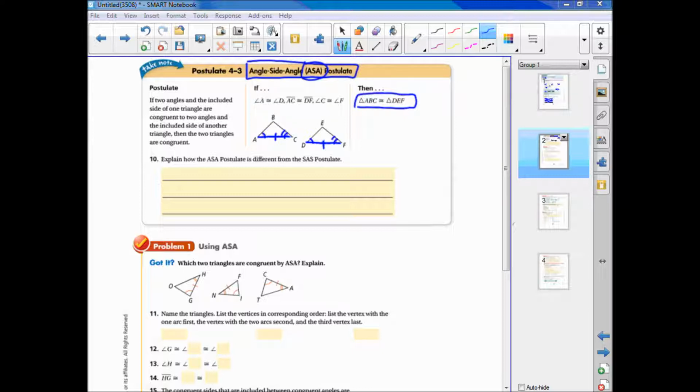All right, so explain how ASA postulate is different from SAS postulate. I would say something like this. The ASA postulate uses 2 pairs of congruent angles with included congruent sides.